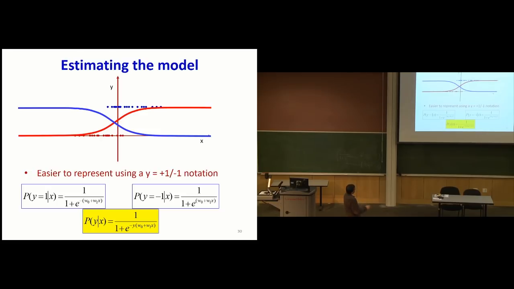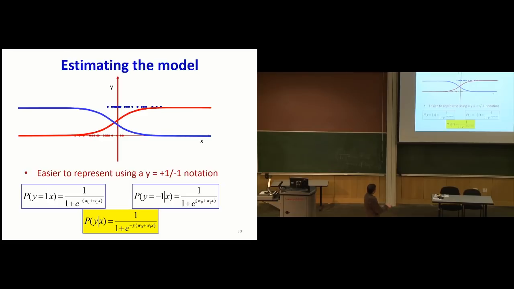The blue curve is the probability of y taking the value minus 1 given x. And you will see the only thing that changes is the sign of the exponent. P of y equals 1 given x is 1 over 1 plus e raised to minus wx. P of y equals minus 1 given x equals 1 over 1 plus e raised to plus wx.